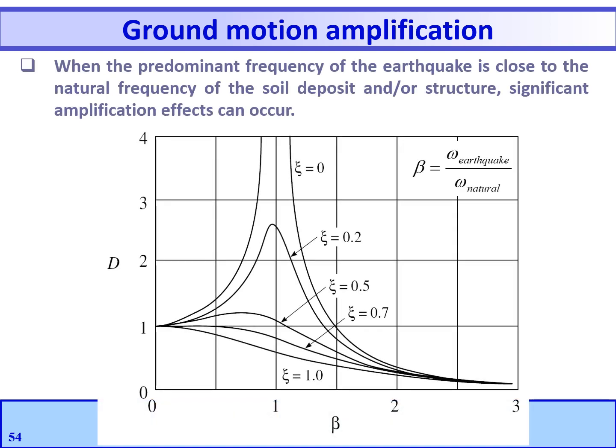And this is what we are going to do now, again, considering our soil layers as our structure. Following the same concept, when the predominant frequency of the earthquake is close to the natural frequency of the soil deposit and/or the structure, there is significant amplification effects.